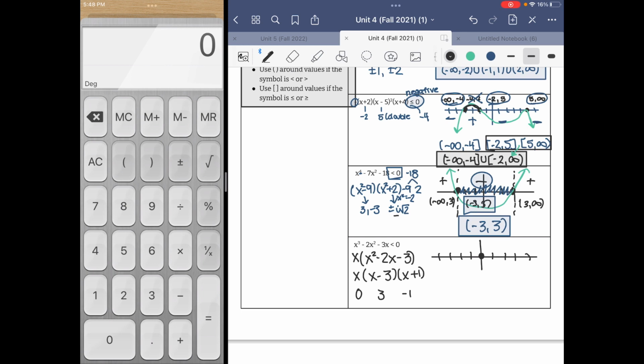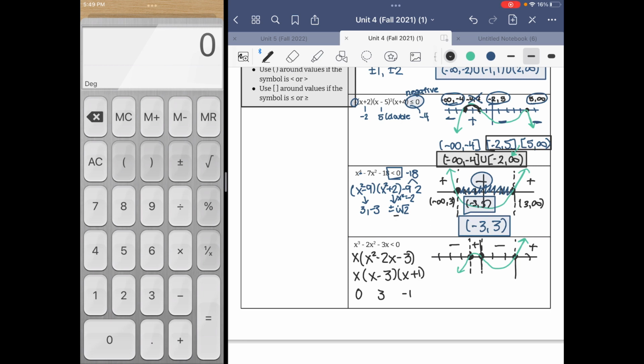0, 3, -1. Again, there's no negative out front, so my right side is going to go up. And there's no double roots, so it's just going to follow all the way through all 3 of them. So it looks like I have a negative, a positive, a negative, and a positive.